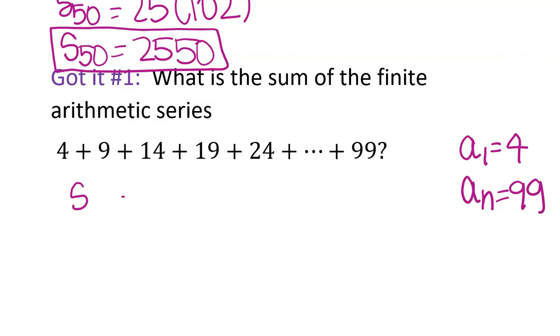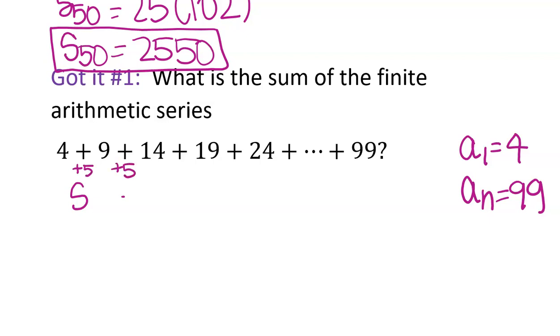But if you take 99, subtract 4, and divide it, there are 20 integers. And that would be adding 5 every time. So this is add 5, add 5, and so on.